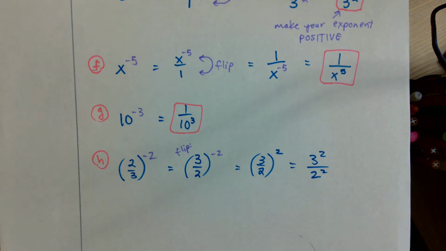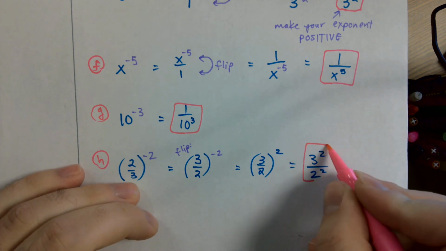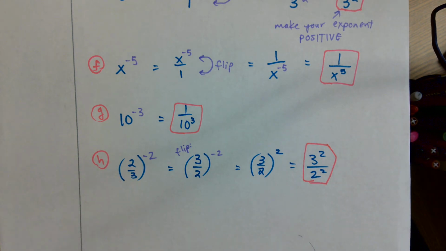which is called distributing. Has anyone ever learned about distributing before? Maybe? A couple people. I see some people shaking their heads. Not sure if you learned how to distribute yet, but we'll get there later on in the year too. So we can just leave our answer like this, 3 squared over 2 squared, or we could make it 9 over 4. But for now, this is all I'm looking for.